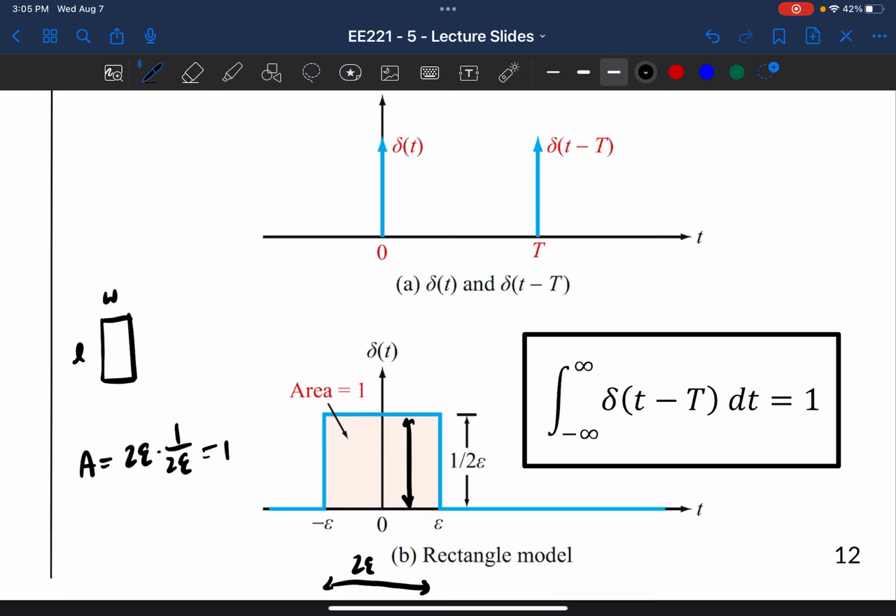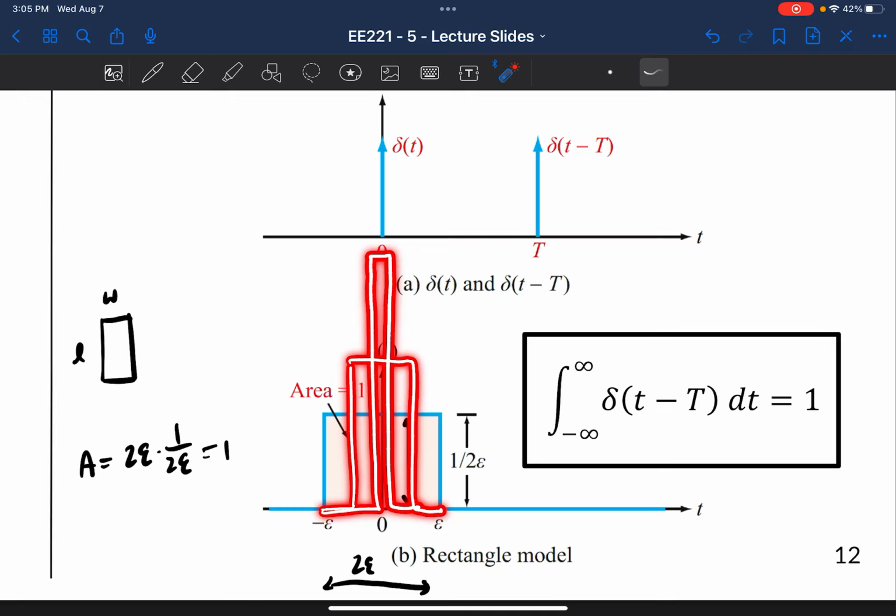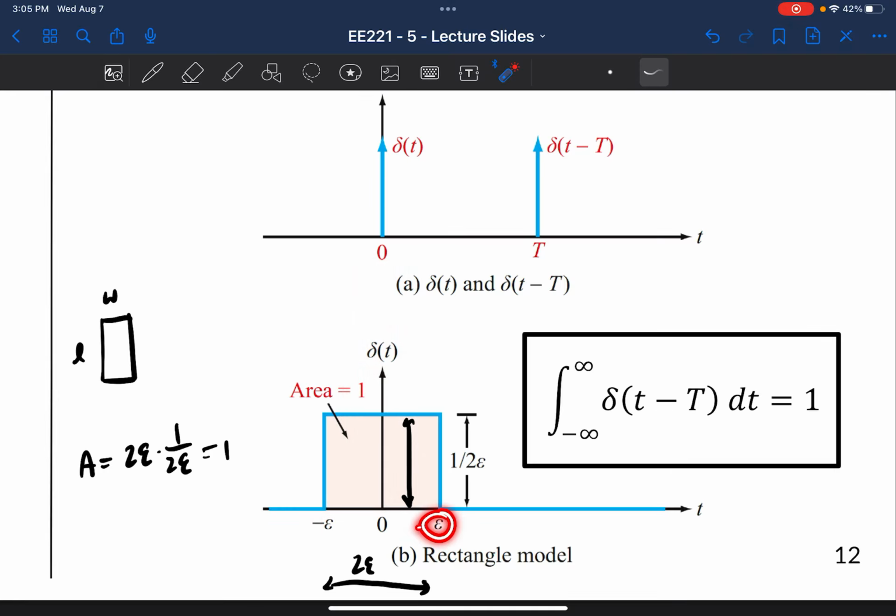What it's saying here is if we make epsilon smaller, this thing gets narrower, but it also gets taller, because epsilon in the denominator makes the height bigger. If I get an even smaller epsilon, I get an even bigger height. And as I squish epsilon to 0, my height goes to infinity. At the point where epsilon is 0, that is where the delta function is defined.